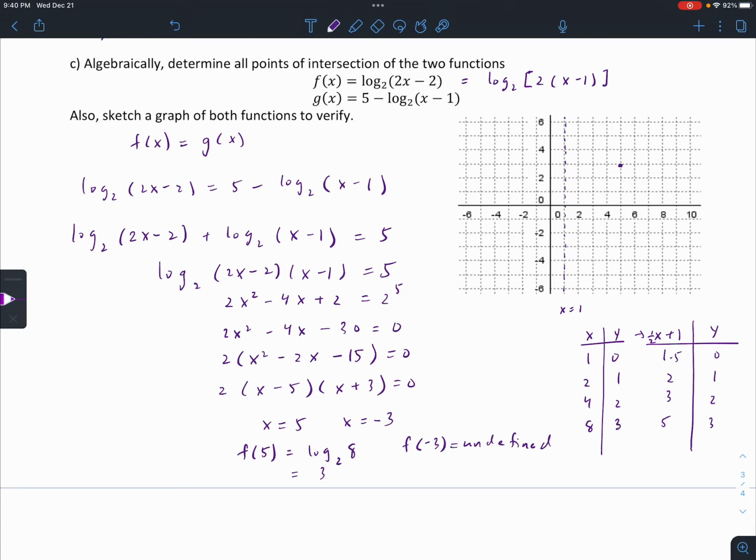1.5 and 0. 2 and 1. 3 and 2. And we do have a value at 5 and 3. Okay, so what it's going to look like.